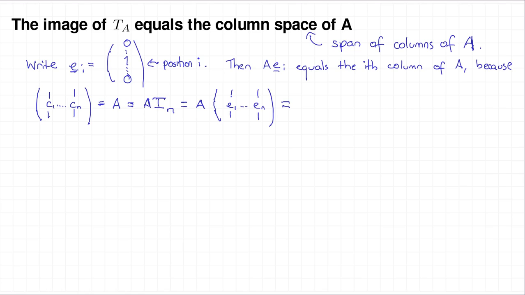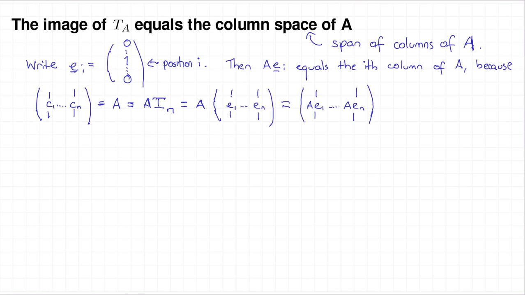And you will also remember that matrix multiplication works column-wise. So when you multiply a matrix A into a matrix whose columns are e1 up to en, the result is the matrix whose first column is A times e1 and whose second column is A times e2 up to A times en. Okay, so on the left of this chain of equalities, I've got the matrix whose columns are c1 up to cn.